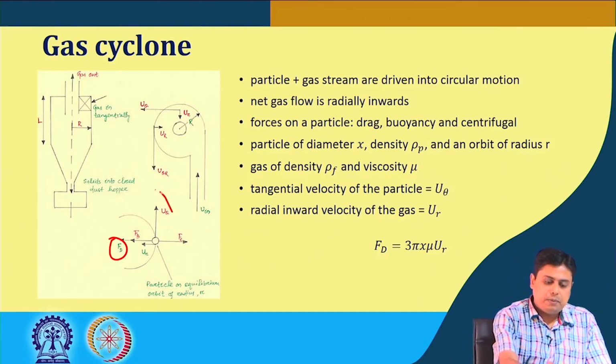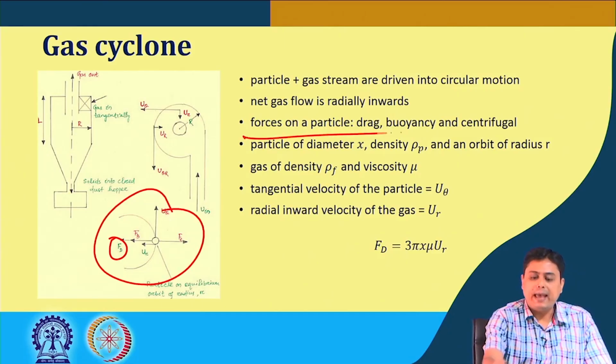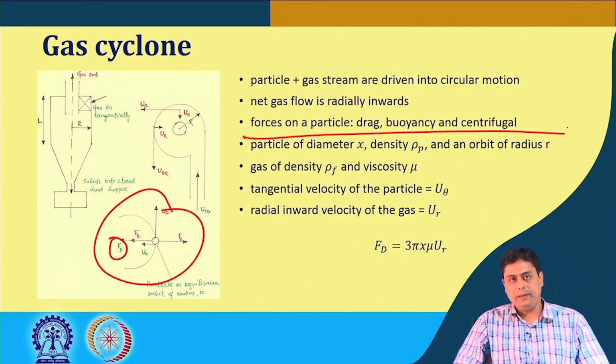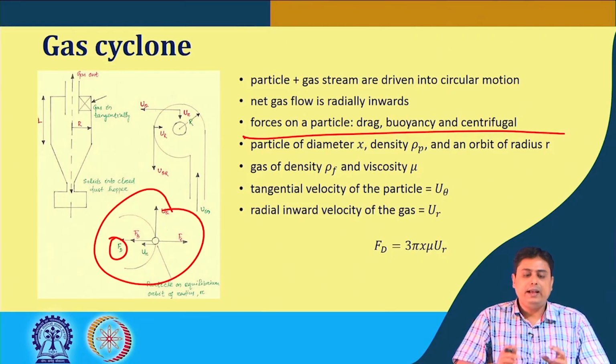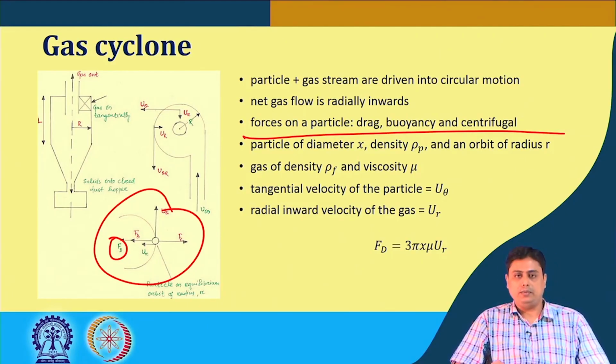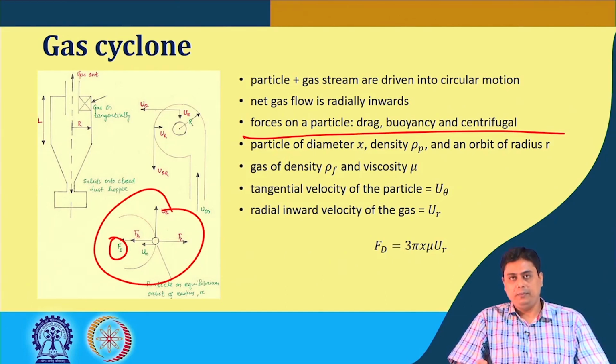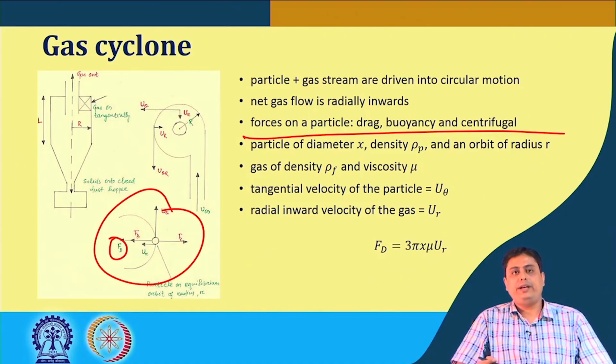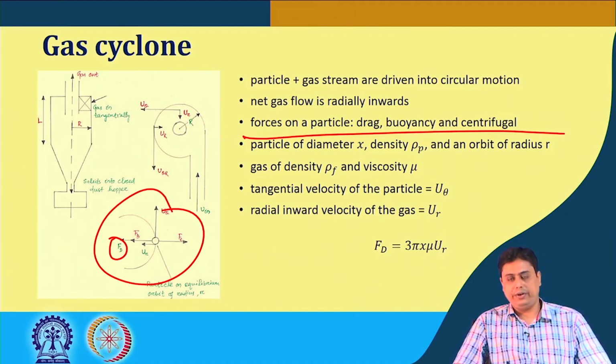So, this picture shows that based on the balance of these forces on a particle, if the forces are balanced, then it assumes a certain orbit of radius small r. A particle of size x and density rho p has attained an orbit of radius r, and it is moving in that orbit.